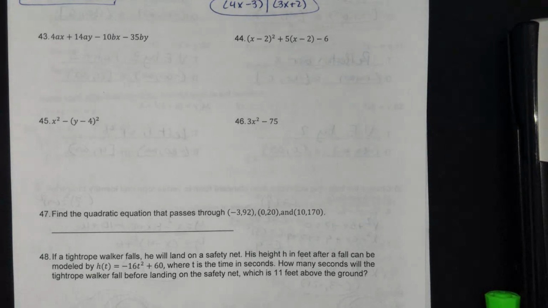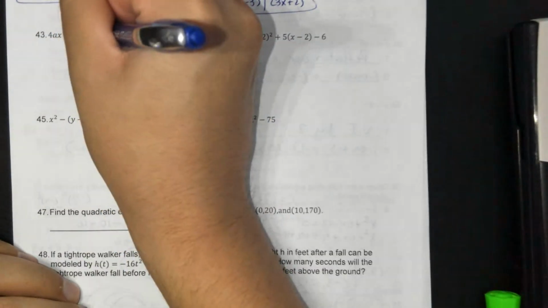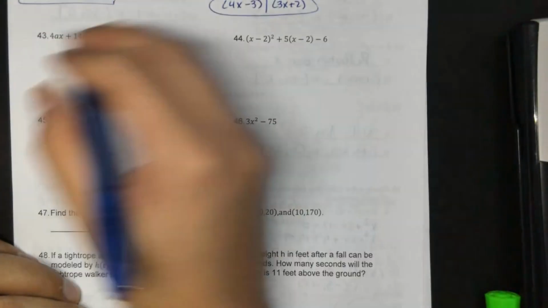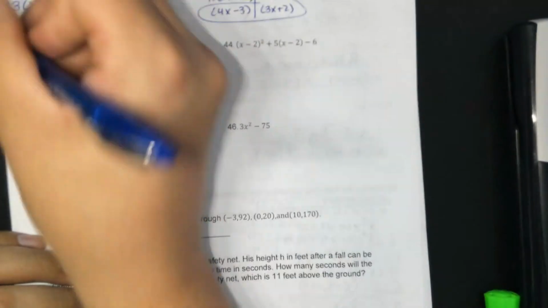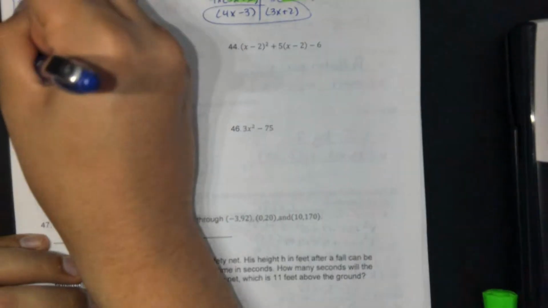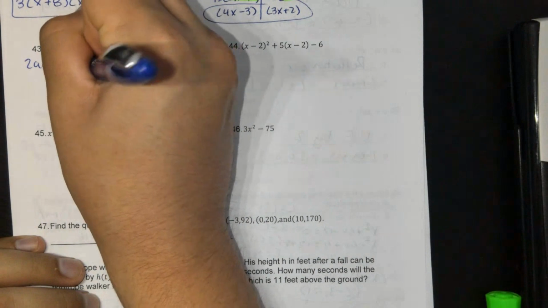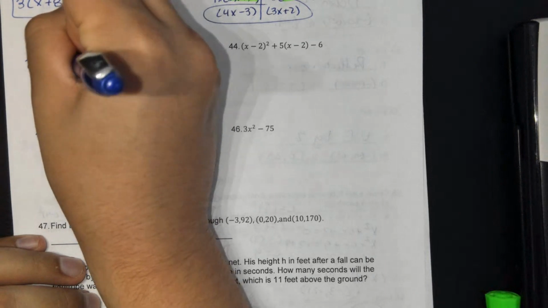And then on 43, this one they already kind of split the middle term for us, so we just have to take out a GCF from each side. So the GCF on this side would be 2a. Alright, so if I factor out a 2a, we're left with 2x plus 7y.